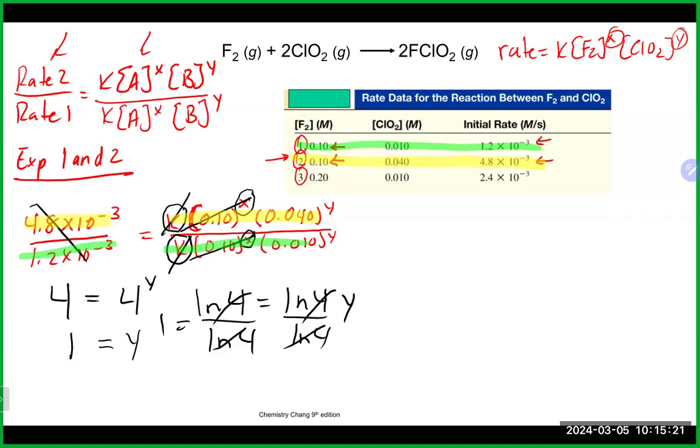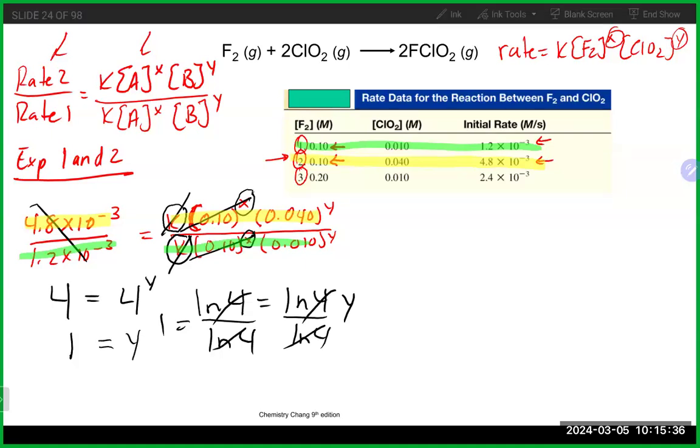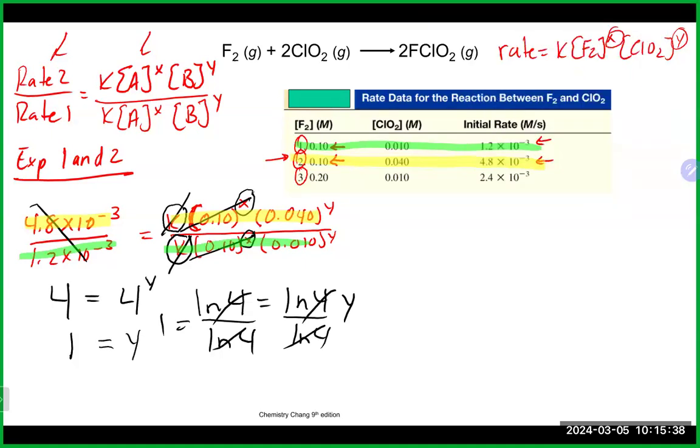All right, so now that we figured out what y is, we're going to go back to the table and do the same thing, except in this case we want to keep ClO2 constant and vary the F2. So we want to go back to this table. Get rid of all the stuff I scribbled on here. There we go.